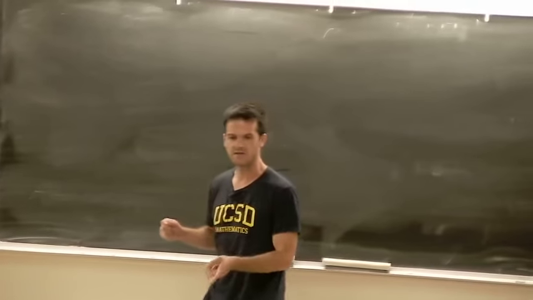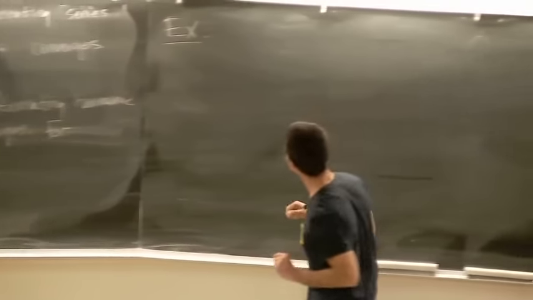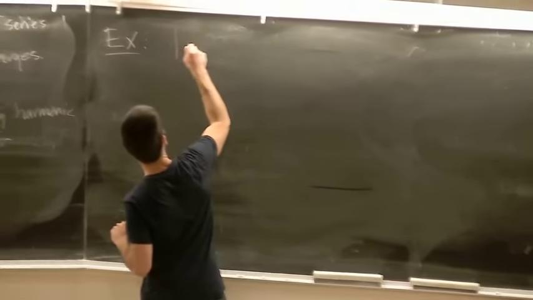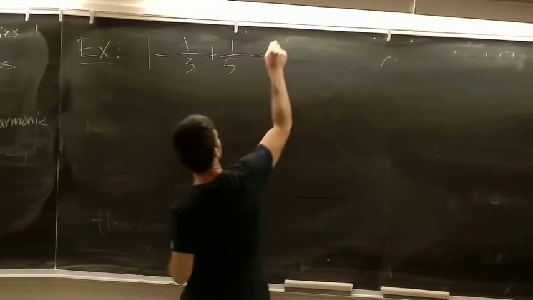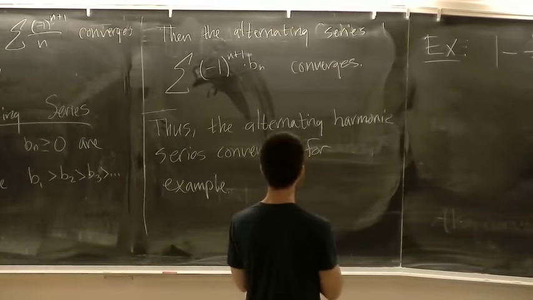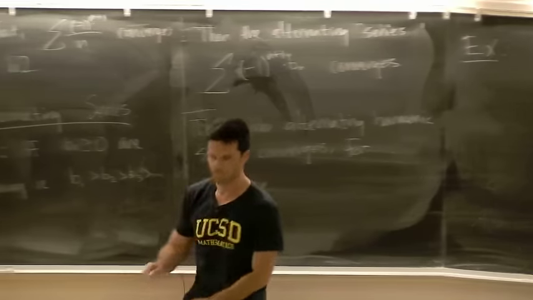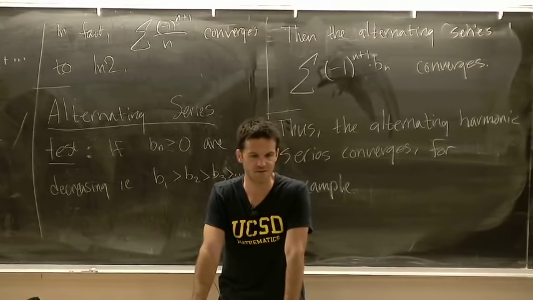But while we're on the topic, let me give you another one, which I actually gave you a really cool extra credit problem on. How about this one? 1 minus 1/3 plus 1/5 minus 1/7. Anyone know what this series converges to?